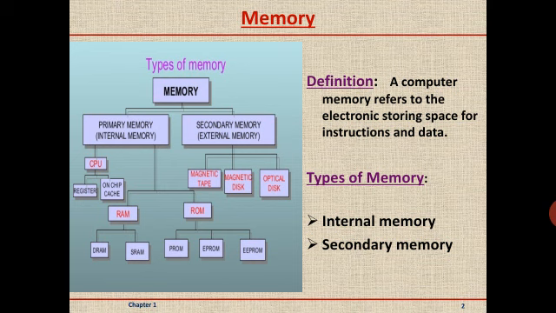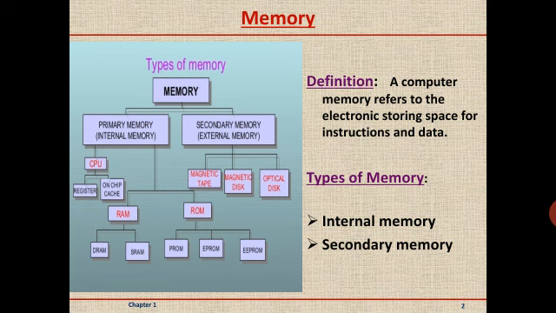Computer memory refers to the electronic storing space for instructions and data. The computer storage specifies permanent computer's memory that stores all the data and instructions.